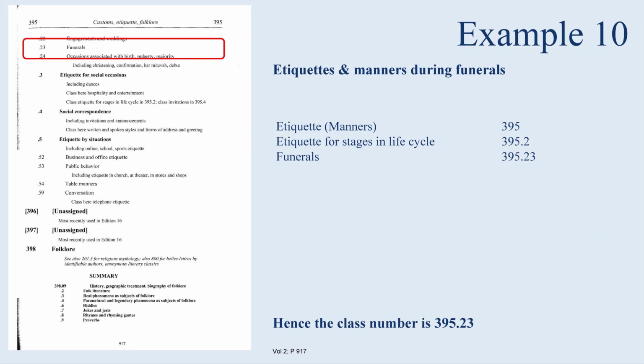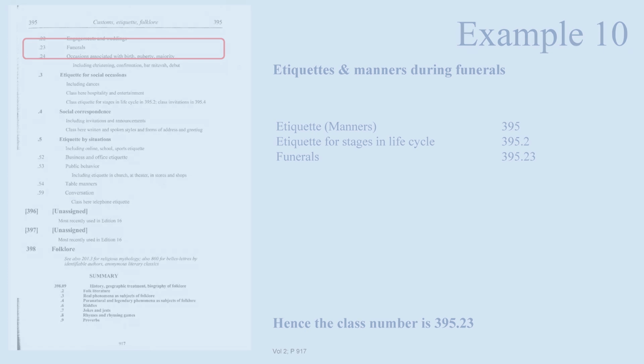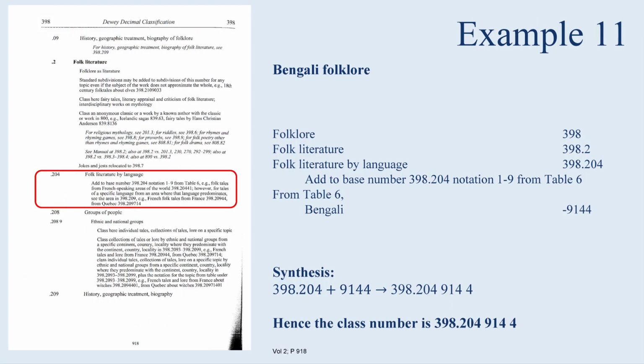So let's start the last one. It's the last one for this particular section, and the title tells us the book deals with Bengali folklore. Folklore is a topic that we find in class 398, and folklore can be subdivided into many different literary forms, and as we are concentrating on folklore or folk literature in this particular document, folk literature is in 398.2, and in 398.204, that is folk literature by language.